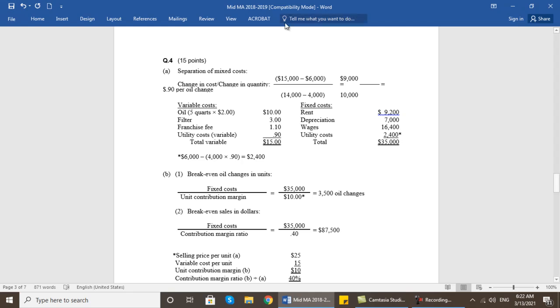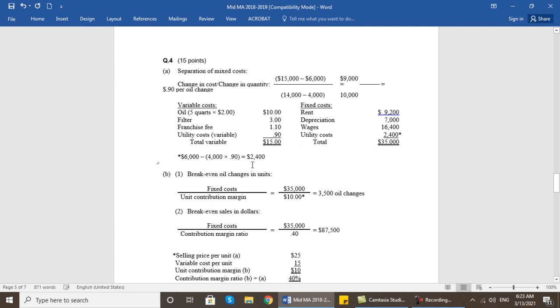Here's a separation of mixed costs as we learn. Change in cost divided by change in quantity. Change in cost, high and low level. Change in cost divided by change in quantity equals 90 cents per oil change. Calculate variable costs and fixed costs. As I said earlier, fixed costs are rent, depreciation, wage, and the fixed version of utility cost.